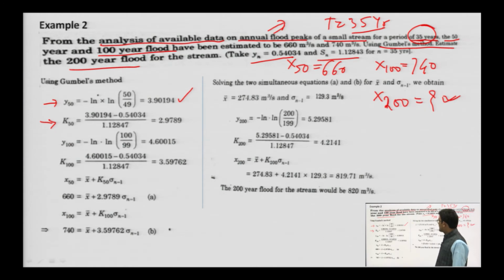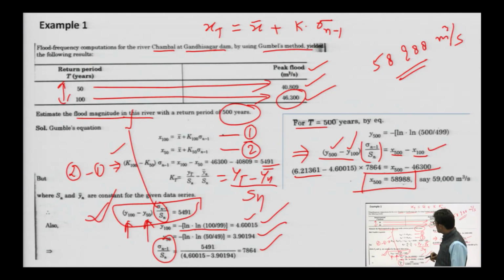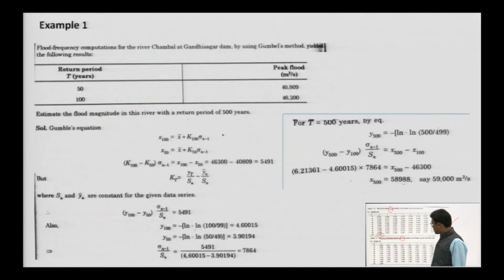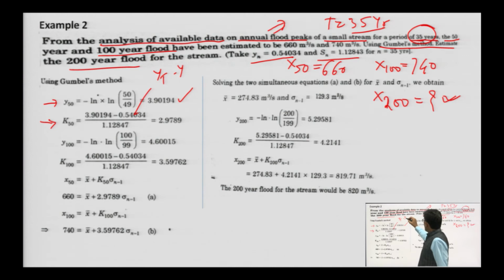It is y t minus y n bar divided by s n. Since y n and s n are given here, we are able to find this constant value k.